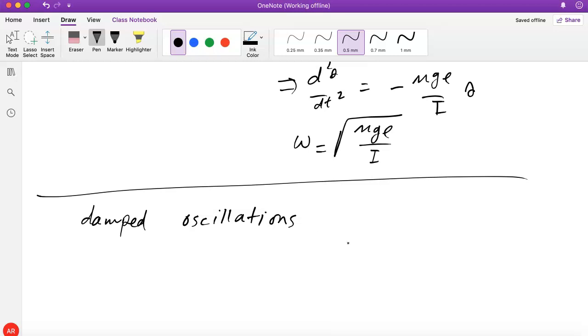So a very simple and widely used model is where you have a drag force. So we have, let's say, F drag is minus the velocity times some coefficient. So let's call that b.